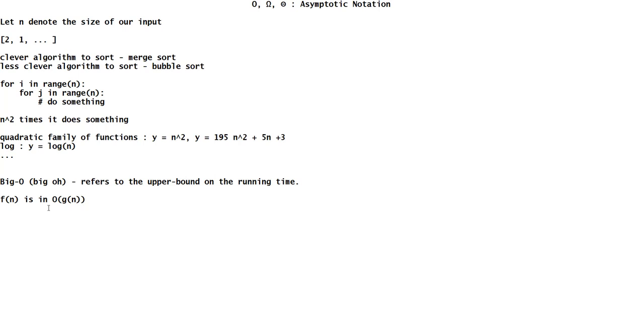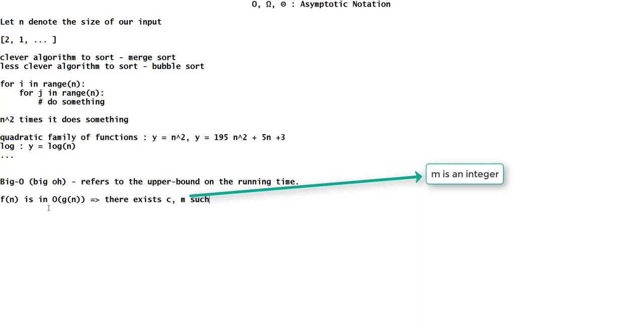This implies that there exist some c and m greater than 0 such that c times g of n is greater or equal than f of n.